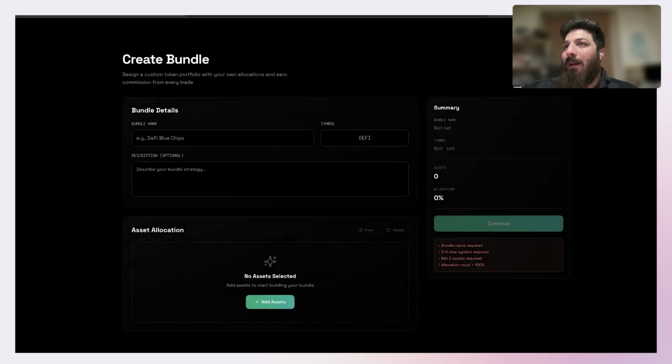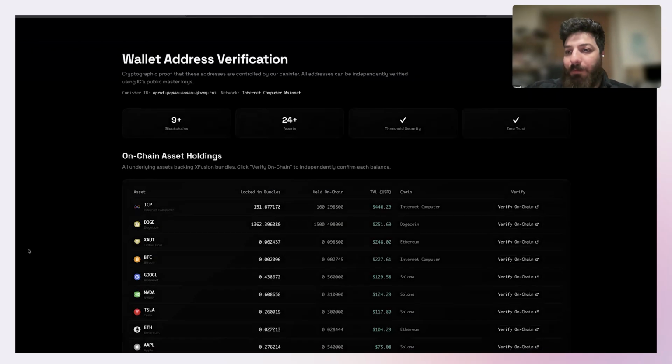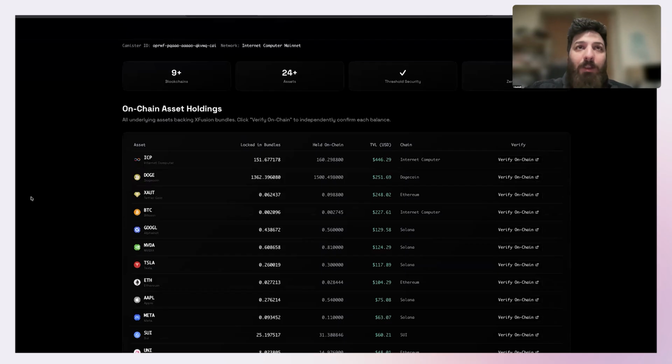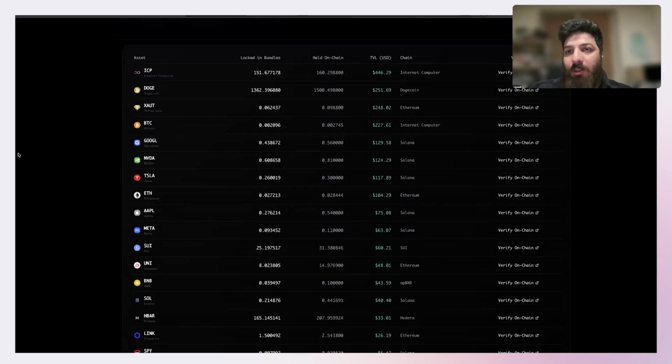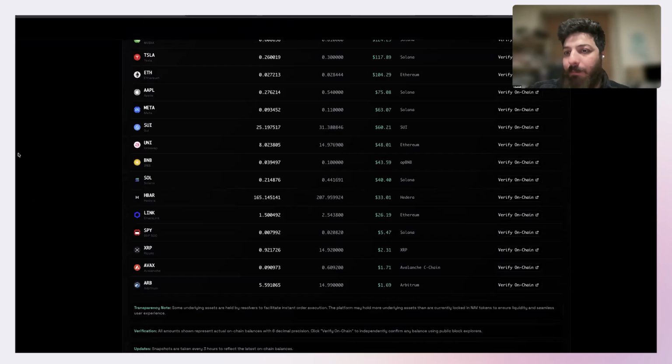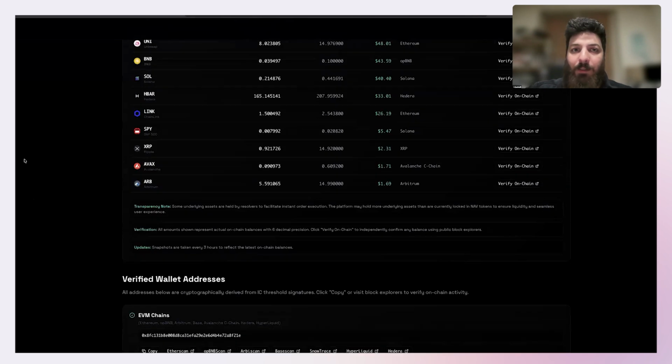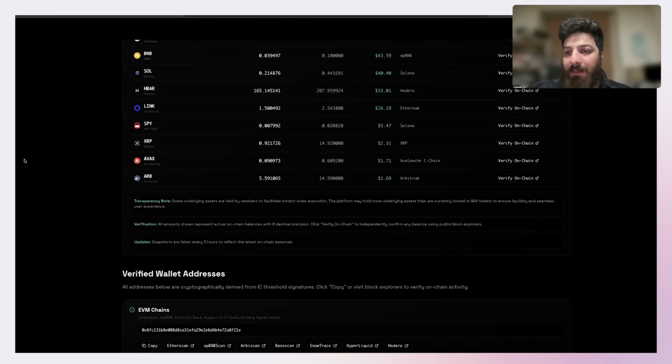integrations. Well, all of those assets that user is buying and getting exposure to is actually CK version of the or digital twin of original asset living on original chain. And we actually published a verification page, which is using packages published by DFINITY and allows anyone to verify independently that those assets are in fact under Canister's control.